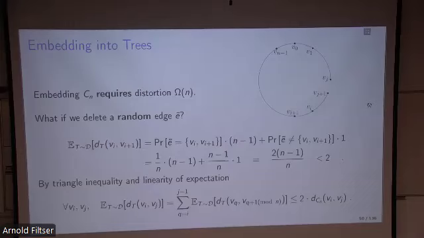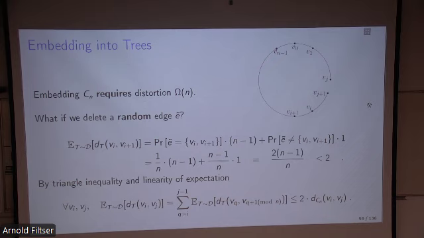And this one, you already know it's at most 2. So overall, I got twice the distance from i to j. So overall, if in a cycle I delete a random edge, all the distances are preserved in expectation, up to a factor of 2. And as we'll see, this turned out to be quite useful because expected distances could be good enough for many applications.